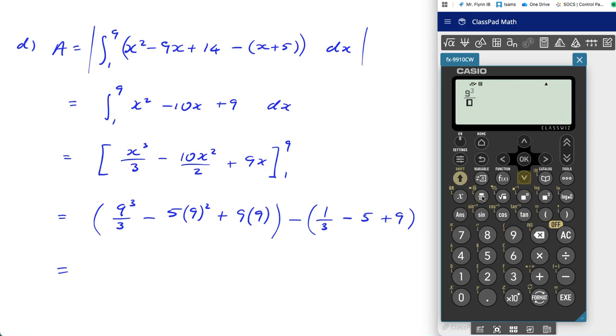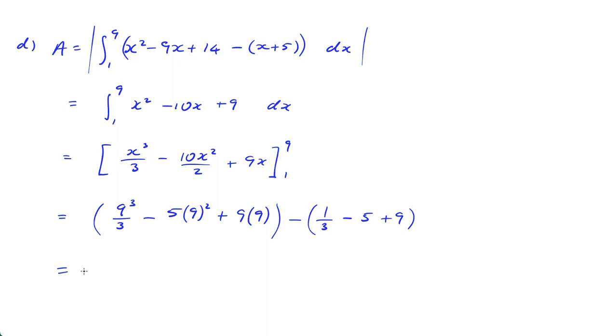Okay, I get 9 cubed over 3 minus 5 times 9 squared plus 9 times 9, and then minus, this is all going in a bracket, 1 over 3 minus 5 plus 9, and I get minus 256 over 3.